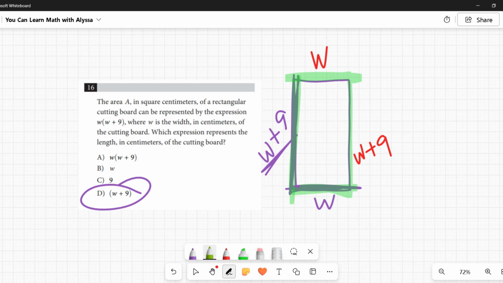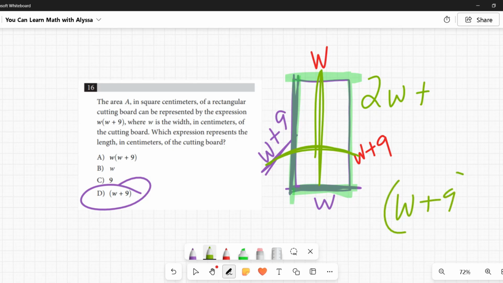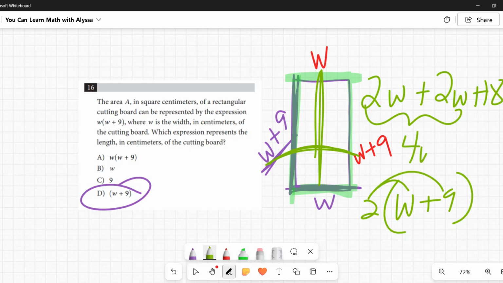In that kind of problem, your answer might be presented as 2W plus W plus 9 times 2, and you would distribute and say 2W plus 2 times 9 is 18. Combine like terms, 4W plus 18.